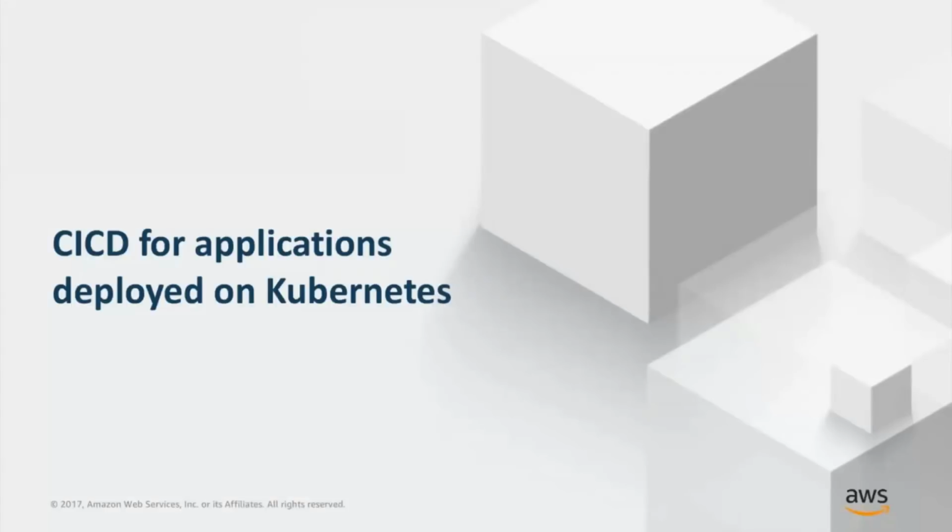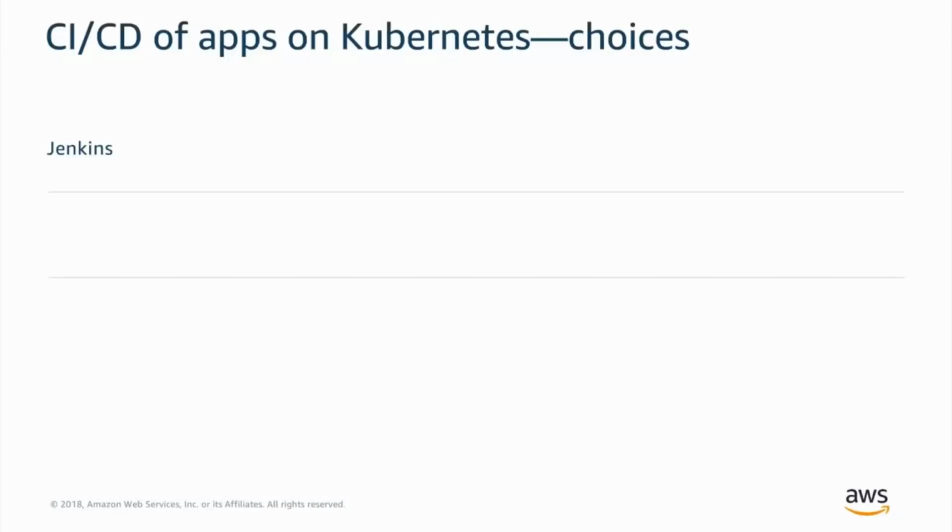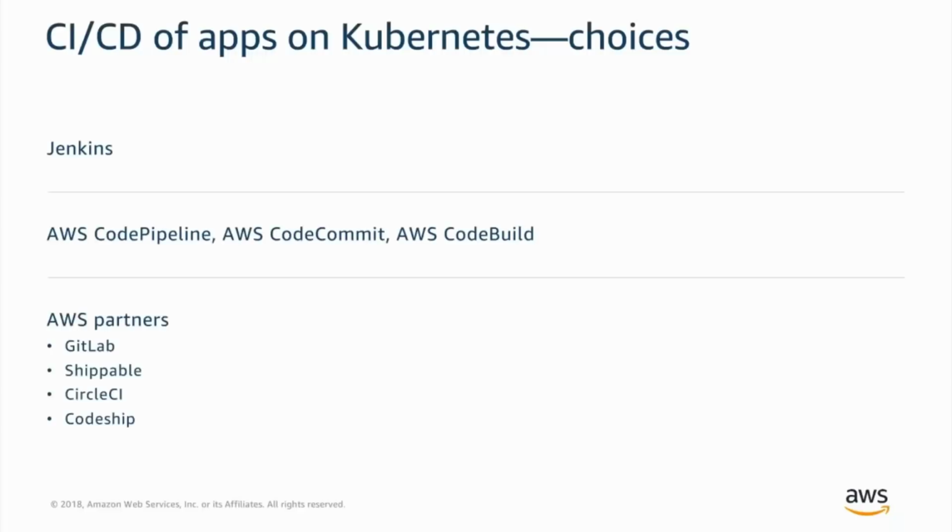Now let's look at how you could implement CI/CD for your applications that are deployed on Kubernetes. If you have a development team that is using CI/CD in order to push their applications onto Kubernetes, you have Jenkins that is available, but also we have written a reference implementation that makes use of AWS CodeStar Services, which is AWS CodePipeline, CodeCommit, or CodeBuild Services, which I will walk through in our next slide.